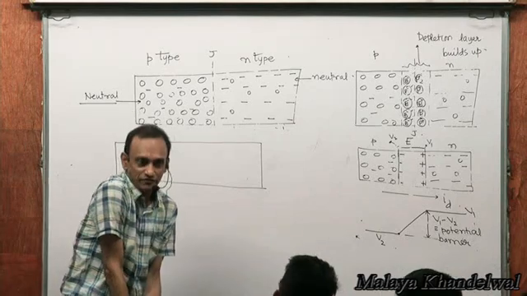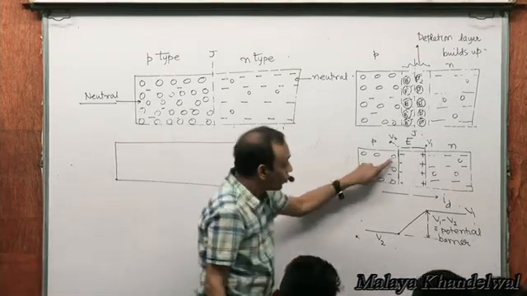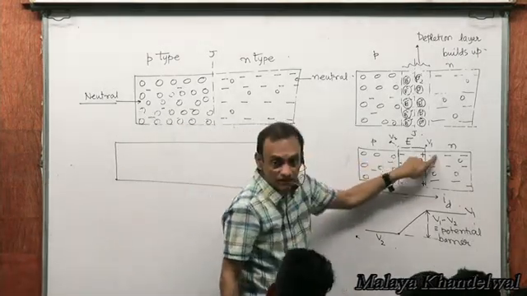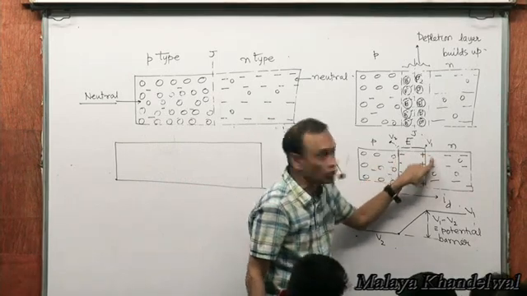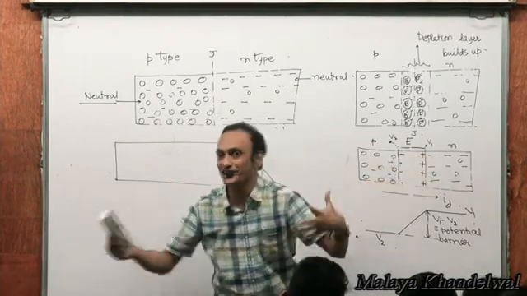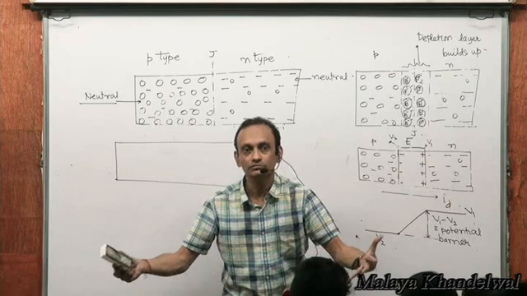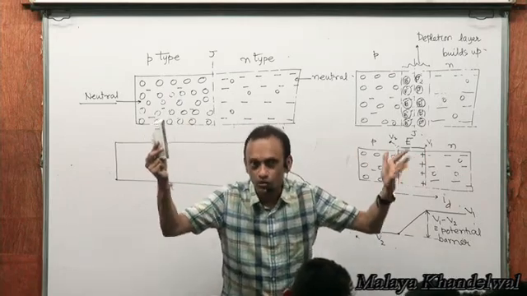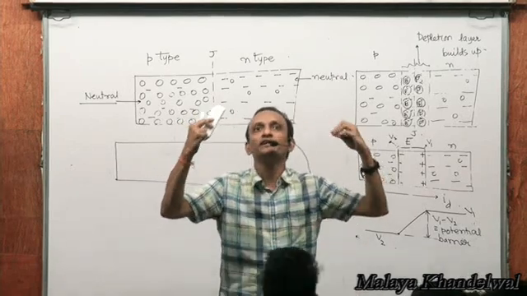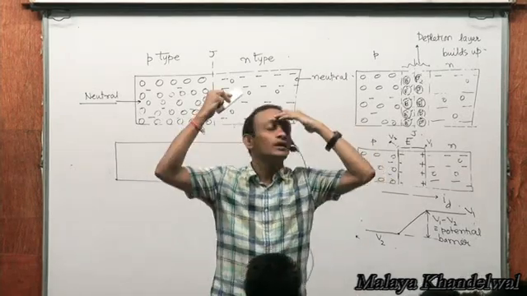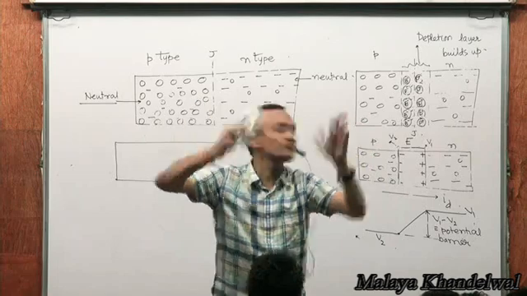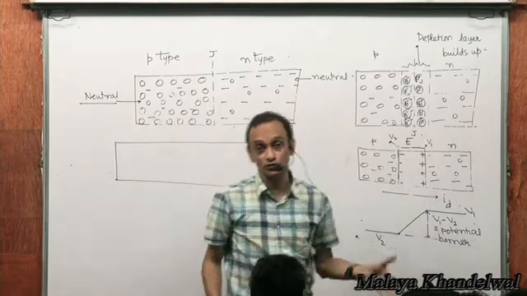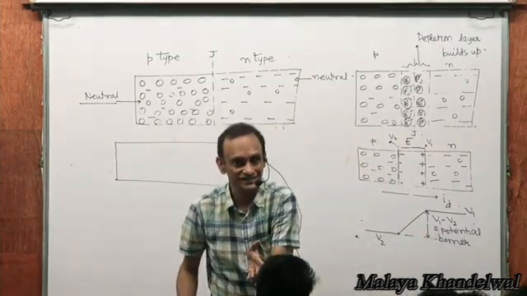It is because of this potential barrier. See, this hole, now V2 is less than V1. If this hole has to go to a higher potential, it has to be energized. Because imagine a hole to be like a positive charge. If you want a positive charge to go from lower to higher potential, you will have to energize it, isn't it?